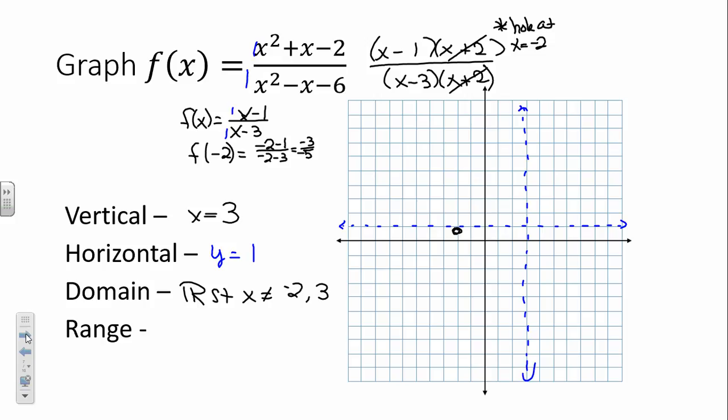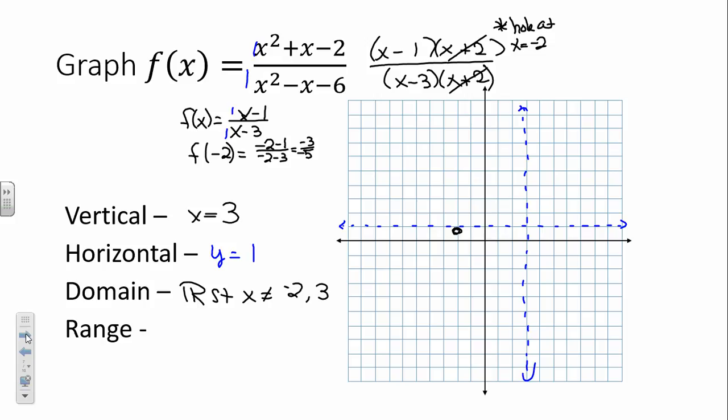All right, so next we are going to plot some points, right? So let's think about what's happening here. What would be a good one to plot always? 0. 0 is the easiest number, right?